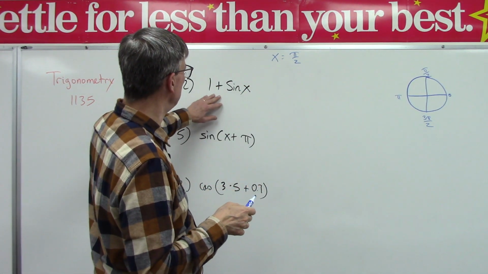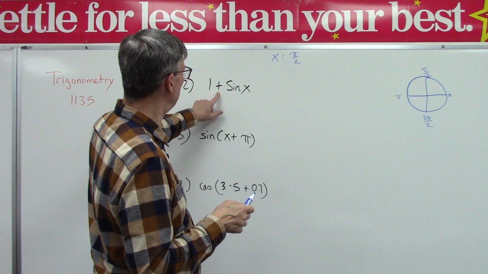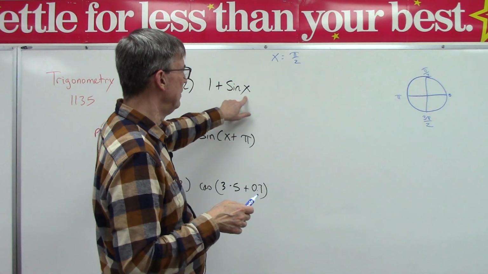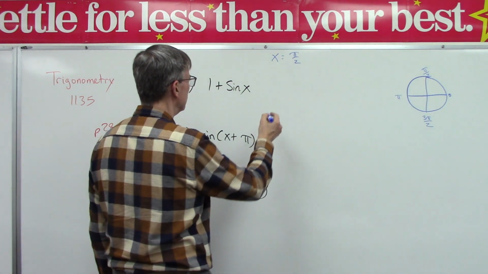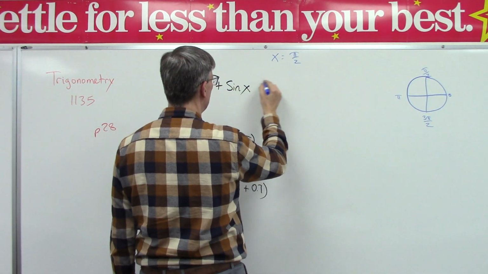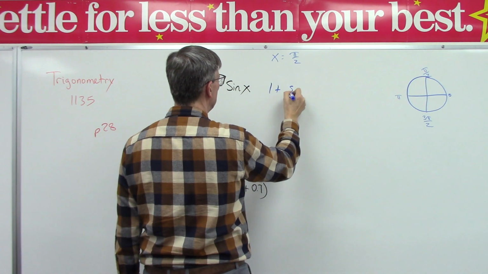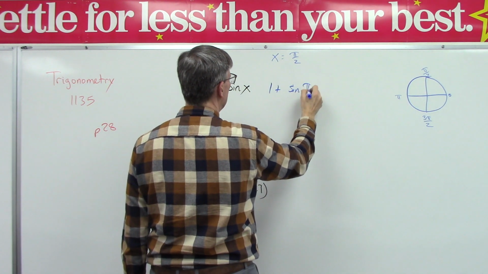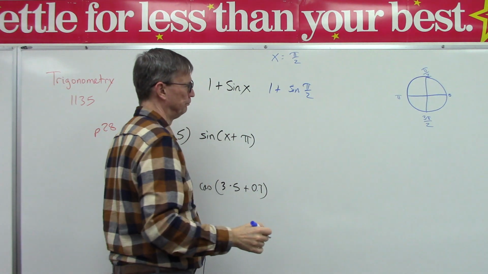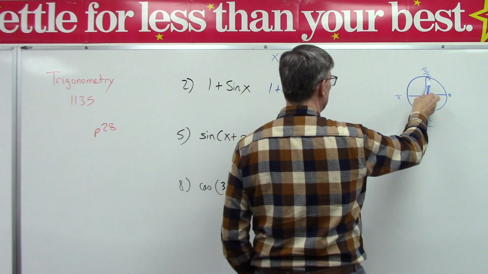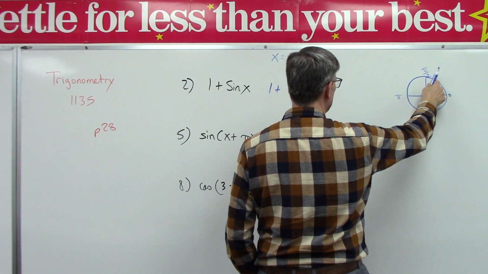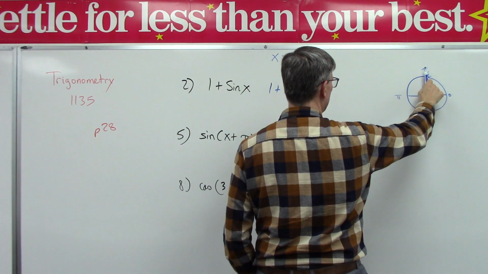So problem number 2 says we're going to do 1 plus the sine of x, but then it tells us that x is pi over 2. So we need to first figure out, well, what is the sine of pi over 2? Let's look over here at the graph and we'll notice that that is straight up.